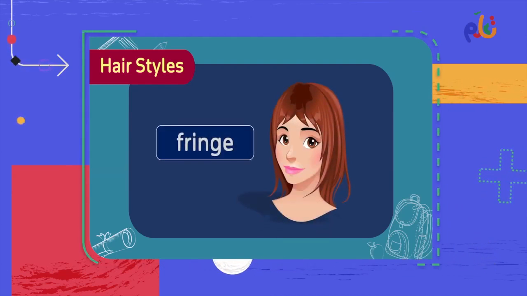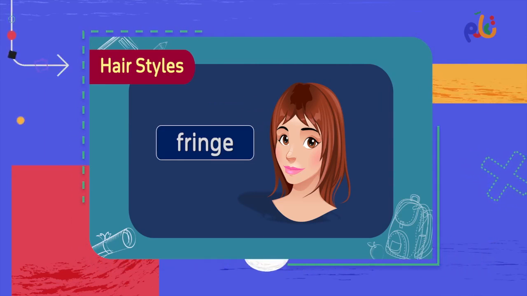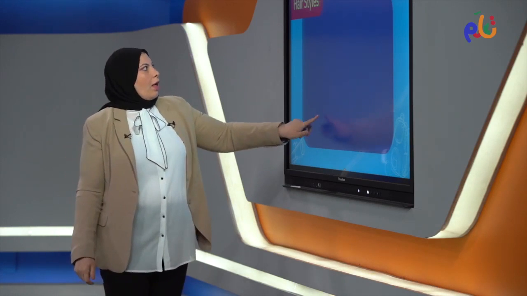And we also have fringe or bangs. Both are the hair that we have on our heads, here on the forehead. This is called fringe.